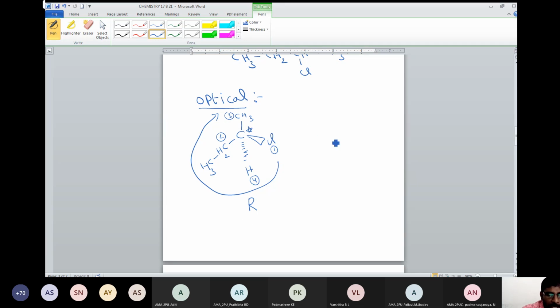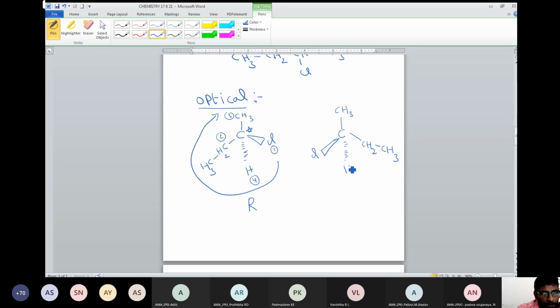If you are writing its mirror image, central atom will be carbon, here CH3, here this is a chlorine atom, hydrogen atom, and this side will be CH2 CH3.